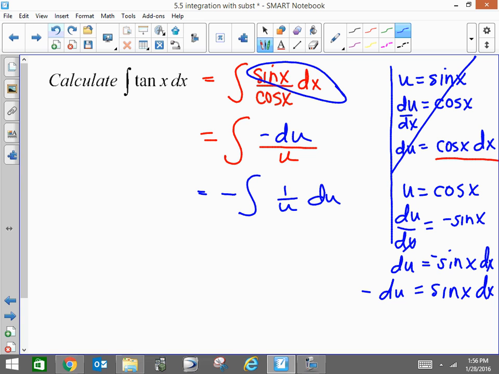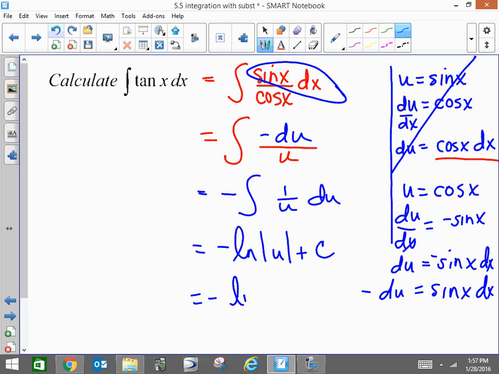Okay. We don't start substituting the cosine back until we've got the integration done. So what's the antiderivative of 1 over u? ln of the absolute value of u. All right. Okay, now we can put our u back in.